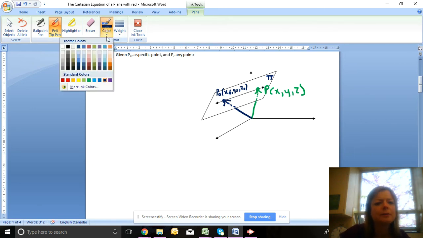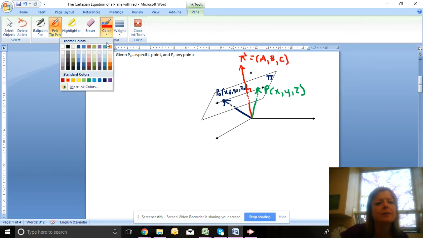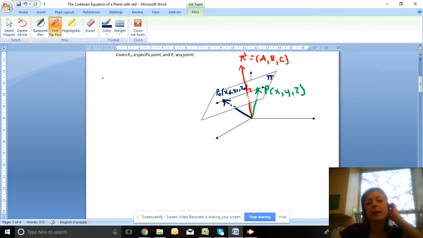Then the normal cuts through the plane at 90 degrees, so we'll label that the normal and define its coordinates as A, B, and C. That gives you the setup for what I'm about to do.